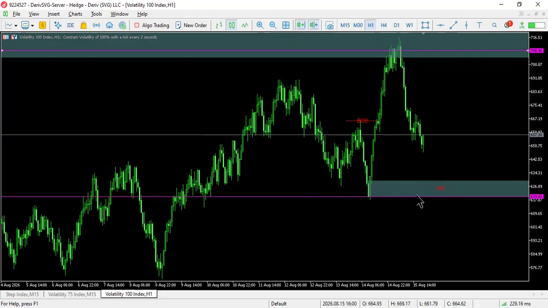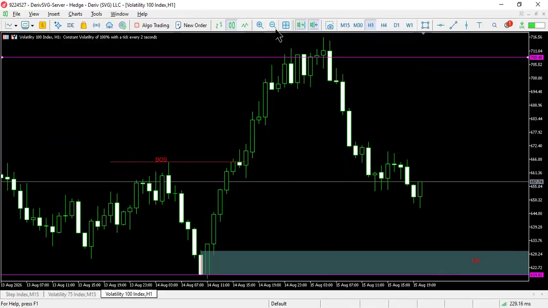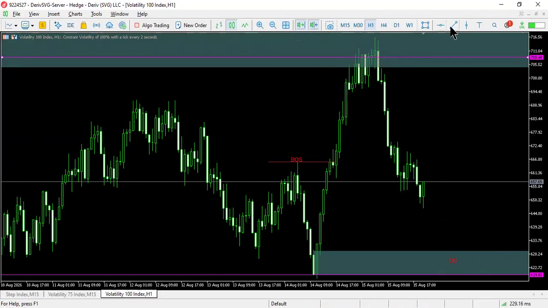And then I'm going to see what happens at this order block, whether price will push up from here or break through this support level and continue selling. Now, we have a recent break of structure here.